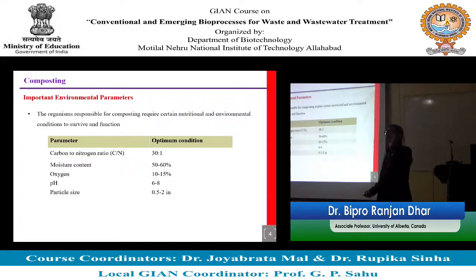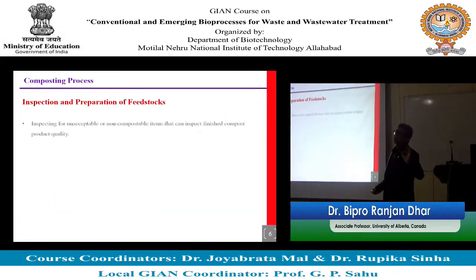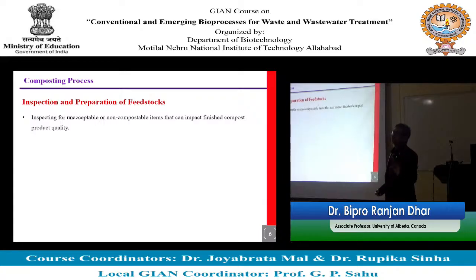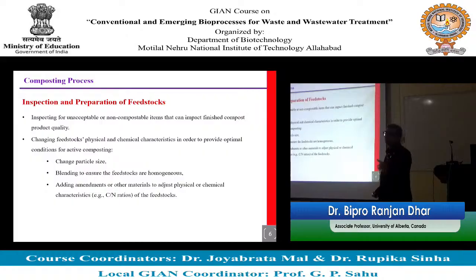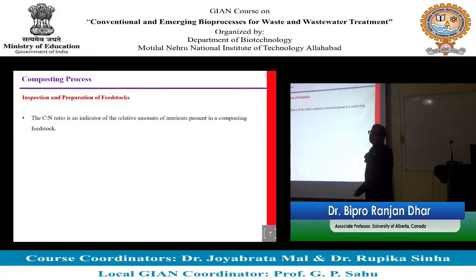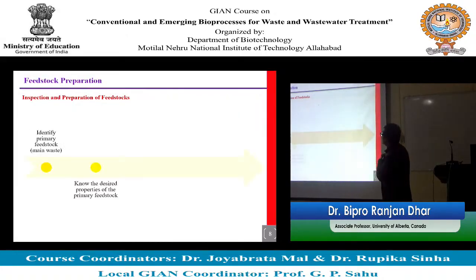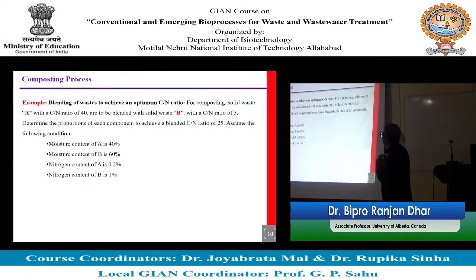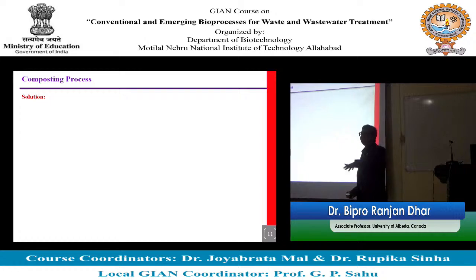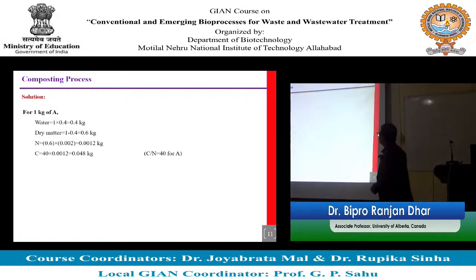One of the important monitoring parameters in composting process is temperature. Temperature is an indication of whether your composting process is running properly or not. So when you see your temperature started to increase, that means the process started, your lag phase is ending and it's reaching the active phase.